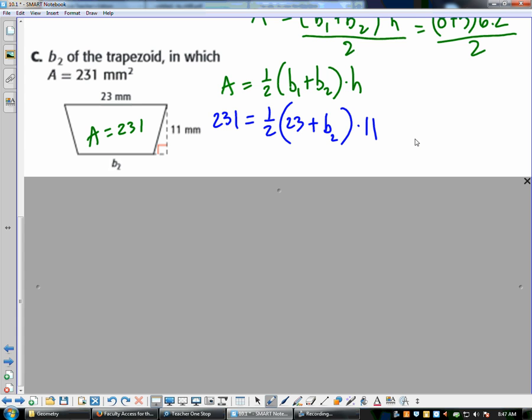Dividing both sides by 11. Okay, if we divide both sides by 11, what's 231 divided by 11? So I get 21 equals 1/2 times 23 plus B2. All right, what could be our next step?